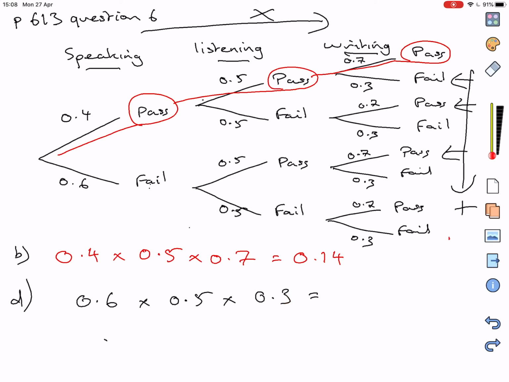There is no other combination. He's got to fail all three. There's only one route through the tree, which is this one. So 0.6 times 0.5 times 0.3, which is indeed 0.09. So that's the answer to part D.